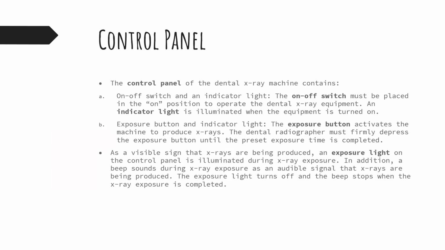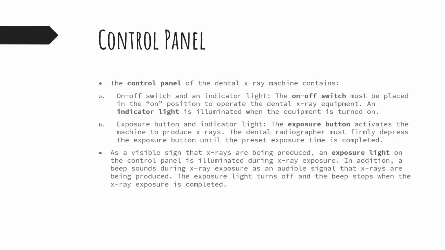So let's look at the control panel. The control panel has an on and off switch and an indicator light. Obviously you need to turn the machine on in order to operate it, and the indicator light is illuminated when the equipment is turned on.